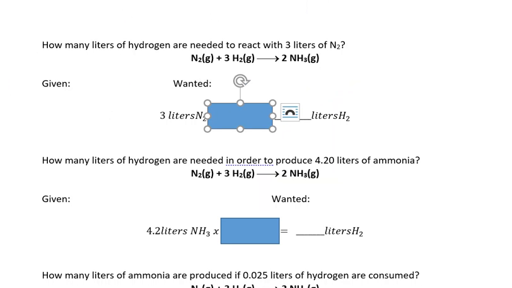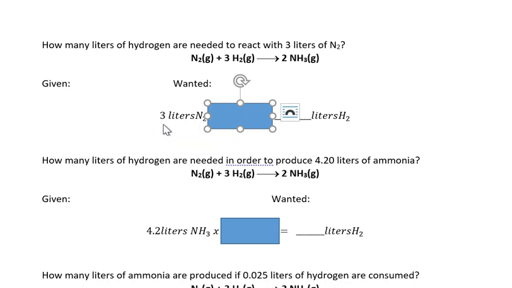All right, take 2 on 3 liters of nitrogen. By now you're really familiar with what we're being asked for and what we're given. But go ahead and put it on the paper, write it down. So what are we given? Well, we're given 3 liters of nitrogen. That's what we're given right there. What do we want? Liters of hydrogen.